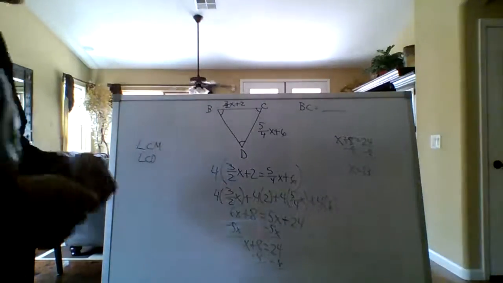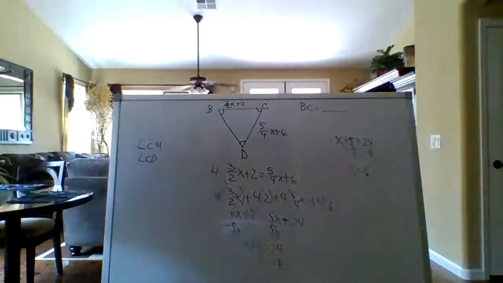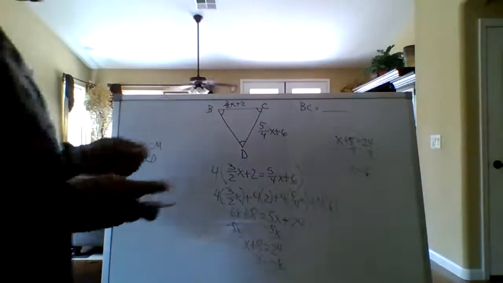That's what I was looking at, class. I was like, hold on. Let me slow down here. So I'm looking at 16. Now, to find BC, I have 3/2 times x, which is 16, plus 2.